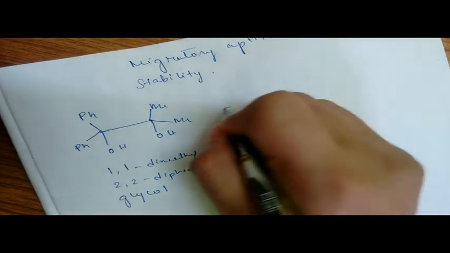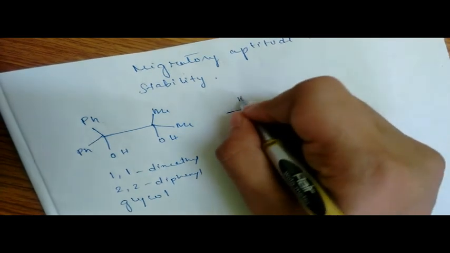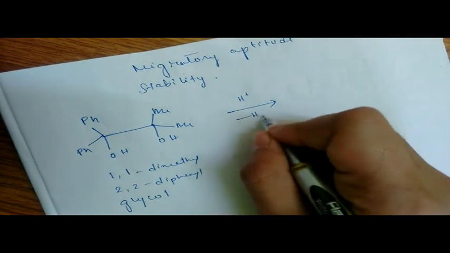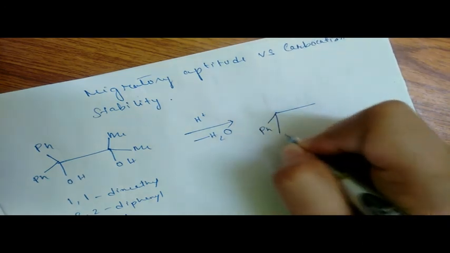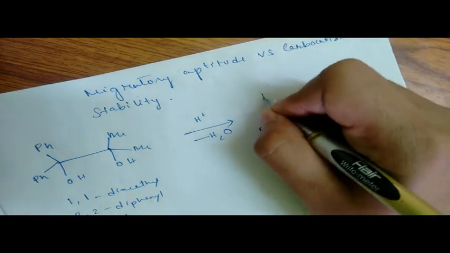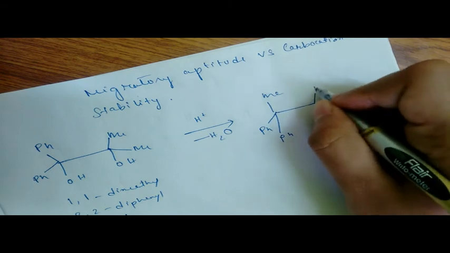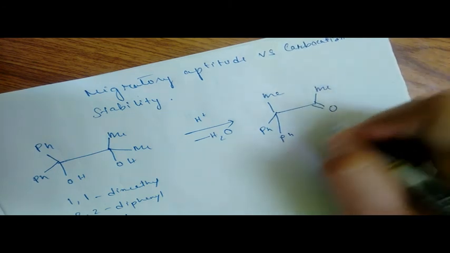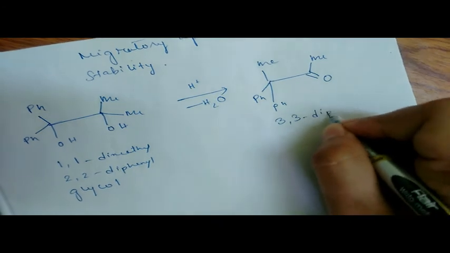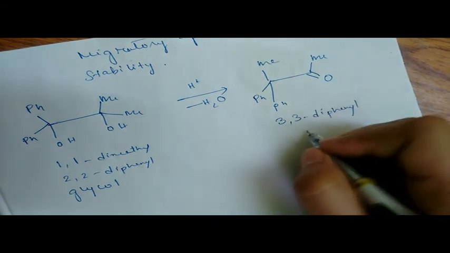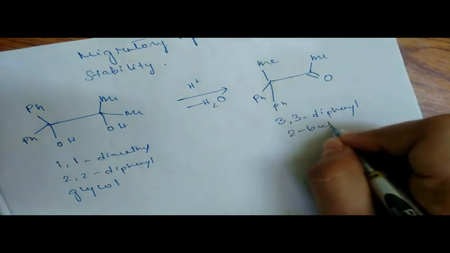So what product will we get? We will get Ph, Me, methyl, so this is 3,3-diphenyl 2-butanone.